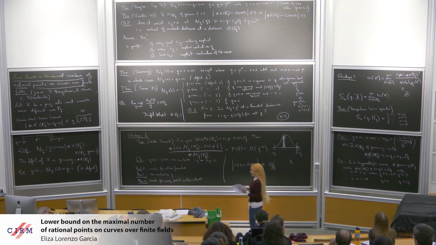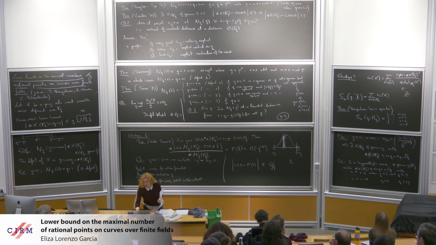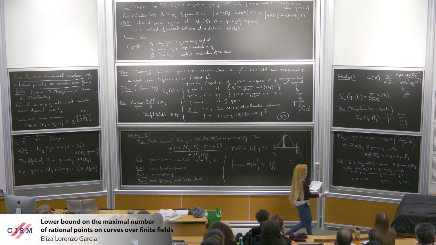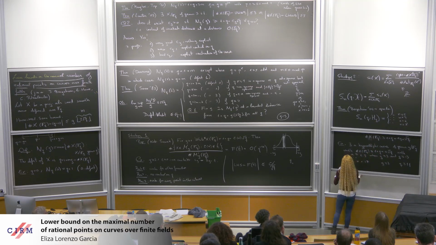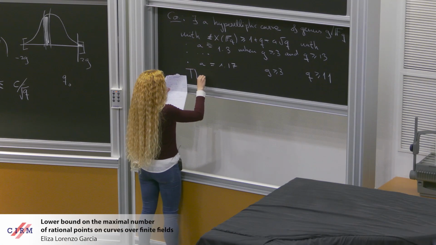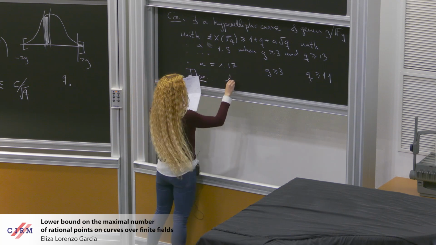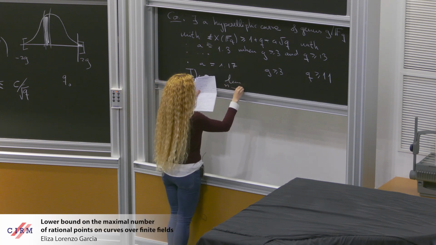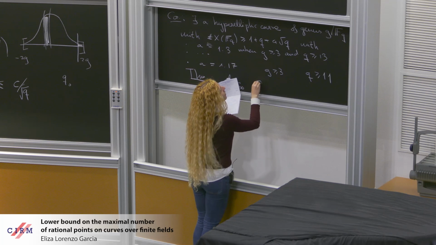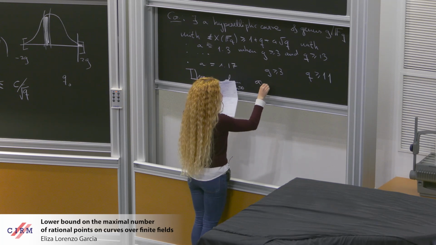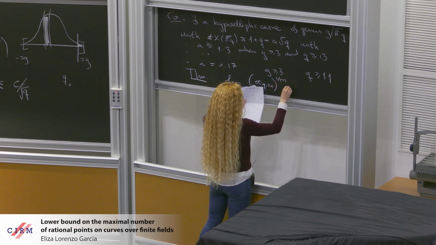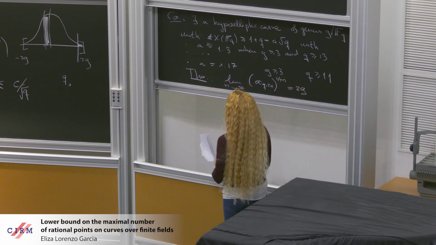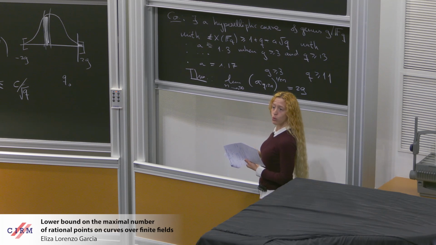And actually, this is another result. Let me use another color. We actually prove another theorem. Theorem: the limit when n goes to infinity of those numbers that we define there, when n is even, is actually equal to 2g. That is the constant that we want.